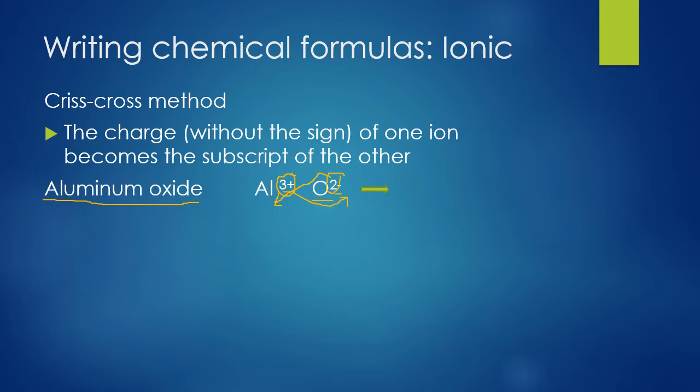So the formula that we're going to get is Al2O3. The 2 coming from the charge on oxygen and the 3 coming from the charge on aluminum. Notice we just brought the numbers, not the charges themselves, so we left the positives and negatives alone. What that means is I need 2 aluminums for every 3 oxygens in this compound.